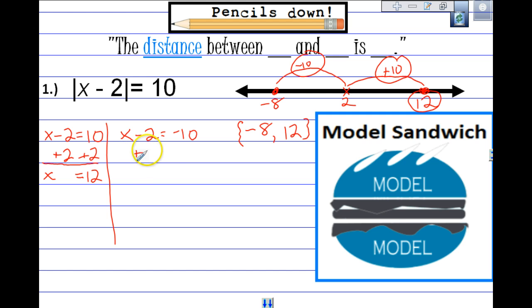And then when we solve the second one, we expect to get the other answer, negative 10 plus 2, or 2 minus 10, which is negative 8. So we can get the same two answers without using a graph and still do a check, to make sure they're correct.